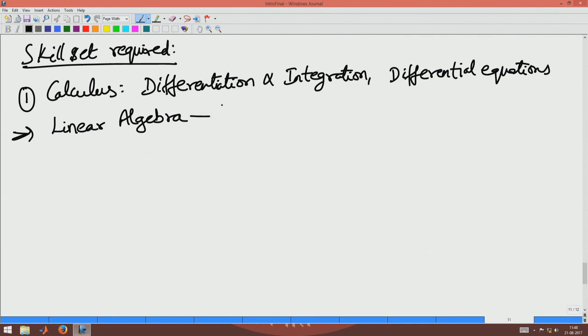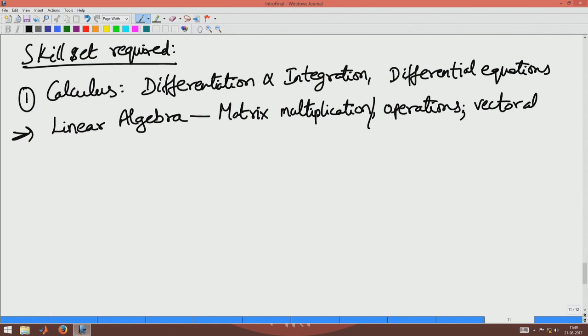Basically here you should know matrix multiplication, or in general matrix operations, and then some amount of vector algebra, that is how do you add two vectors, or what is the scalar product, what is the cross product, what is the scalar triple product.